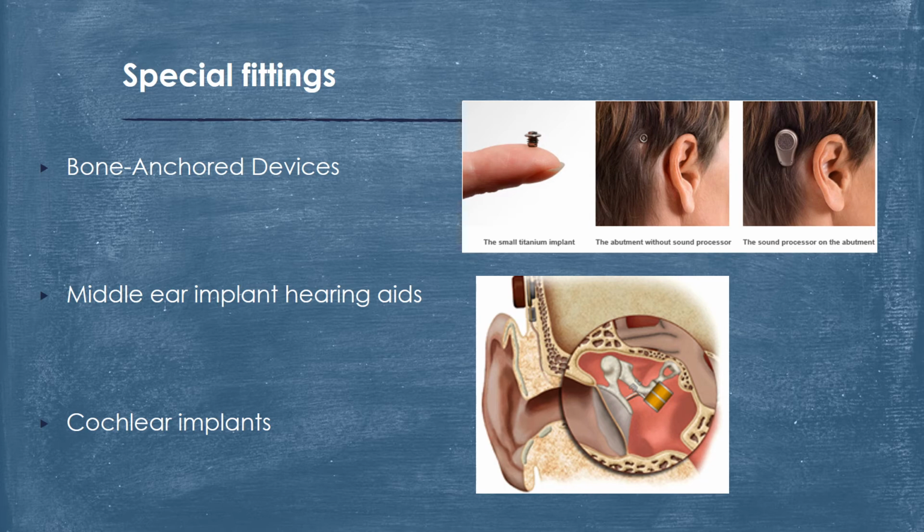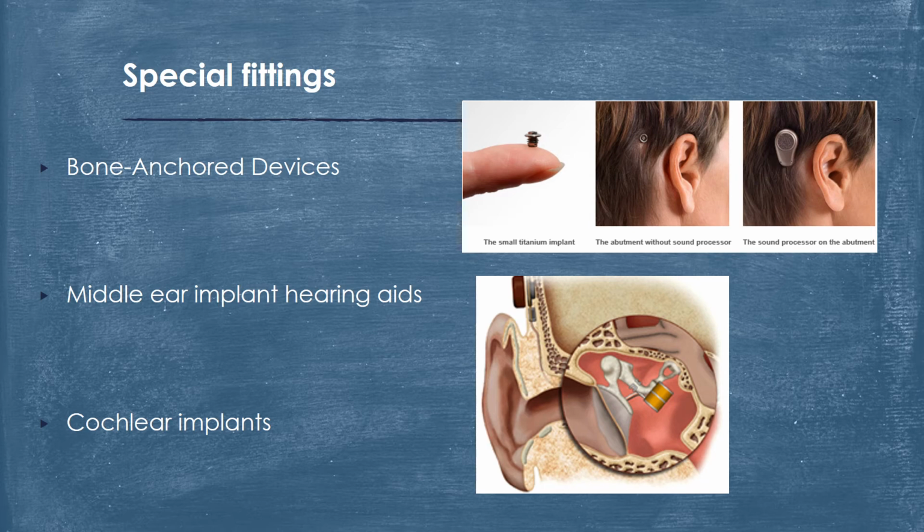So it's seated in the bone. After you get this little abutment, you let bone grow over it. It's very simple, similar to dental implants if you know somebody who's received one. So once that abutment has fused with the bone, then you just hang a little hearing aid on it, called a sound processor.